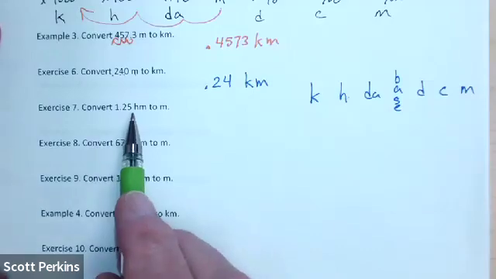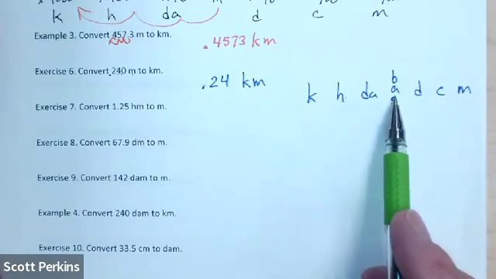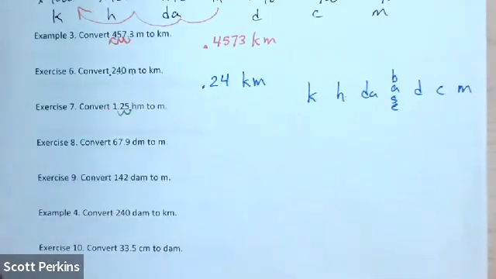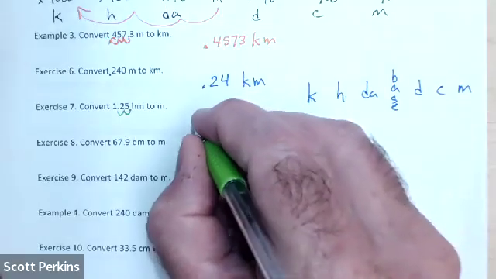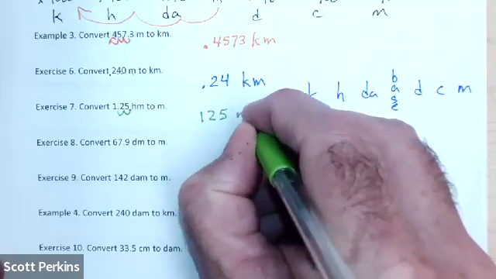So to go from hectometers to meters, I'm going to start at hecto right here. And which way am I moving my decimal place this time? To the right, 2 units to get to the base. So I'm going to take this decimal, I'm going to go 1, 2. And so that means that 1.25 hectometers is 125 meters.